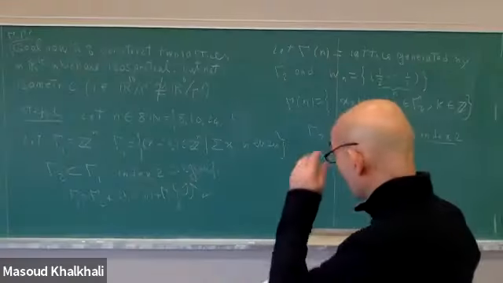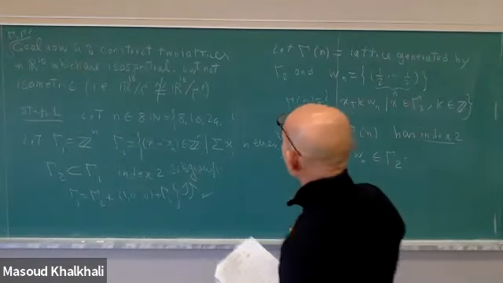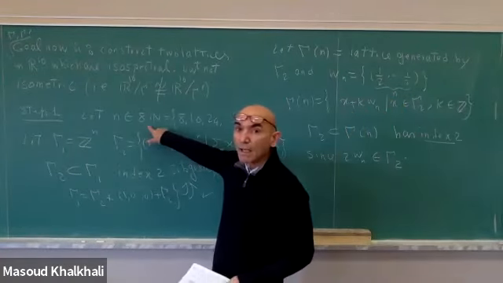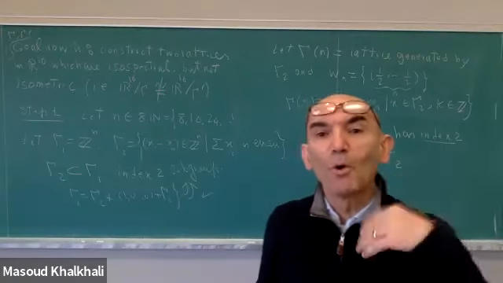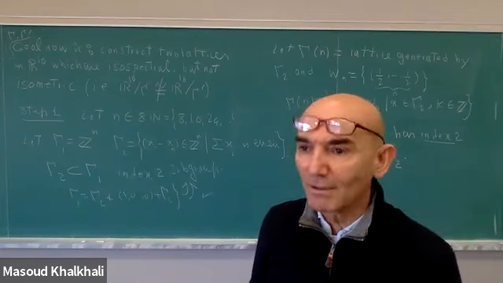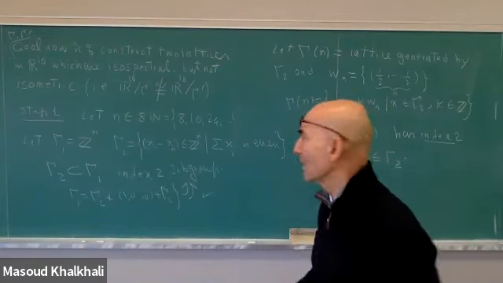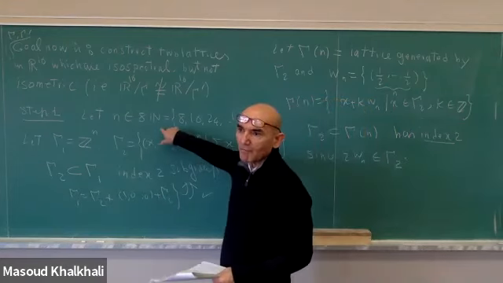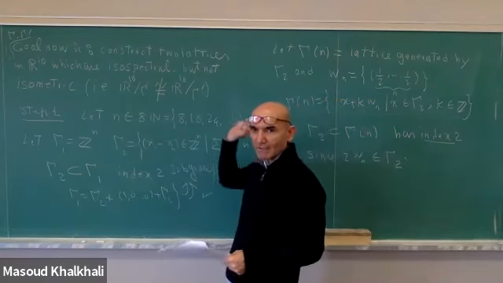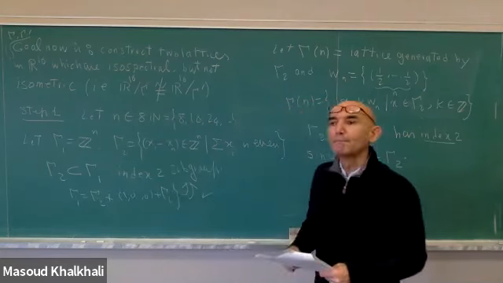Because otherwise, 2 times Wn has some n. We are actually requiring n to be a multiple of 8. Right now n even is enough, but eventually n has to be a multiple of 8 for everything I'm saying to be correct.